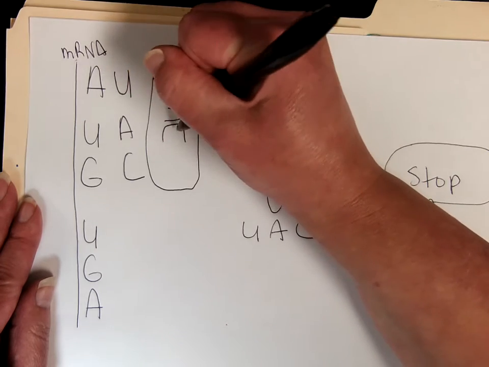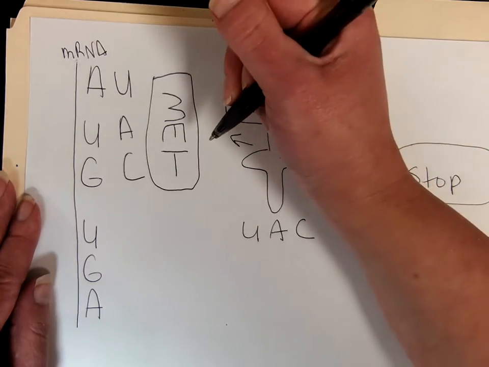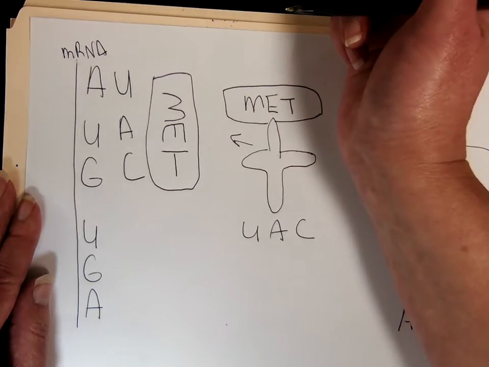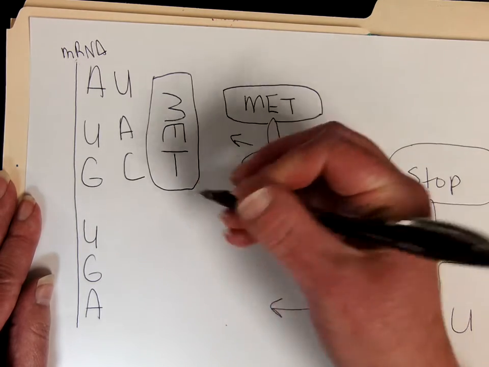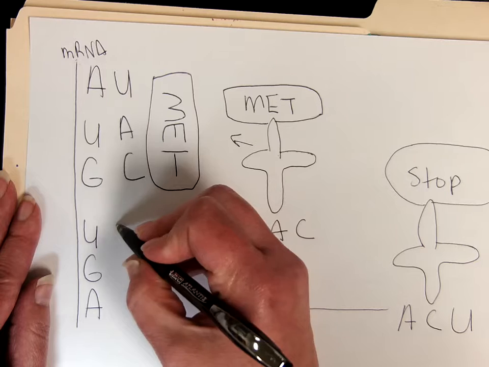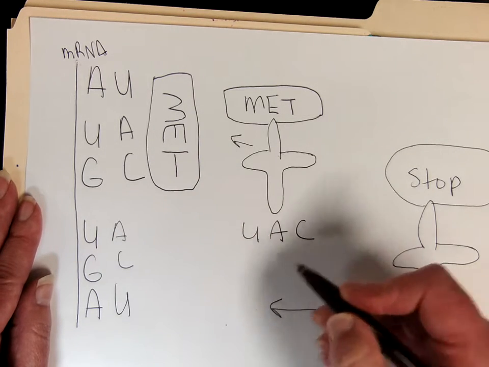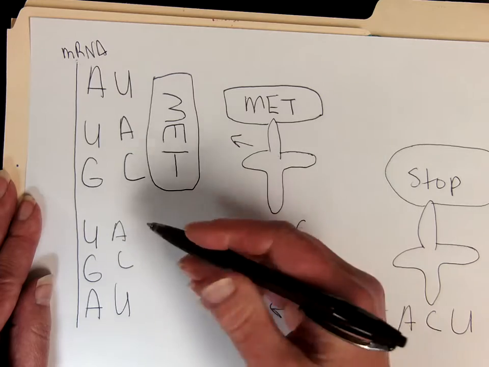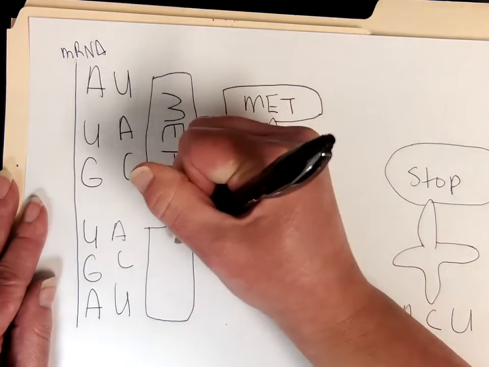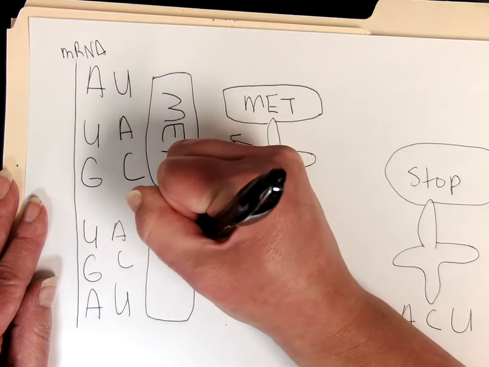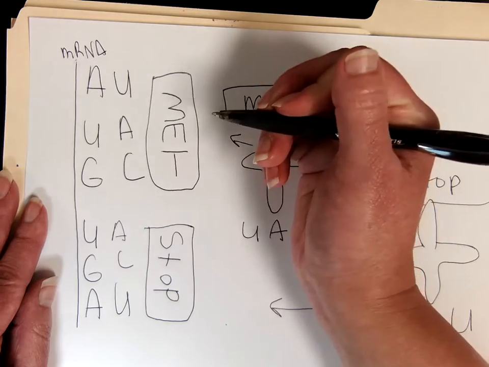Oh, that's beautiful. It's going to deposit the methionine. This one, heading over here. So again, there's its matchy-matchy. These are called anticodons. We'll add those to our notes when I get finished destroying this picture. And it's bringing over the stop.